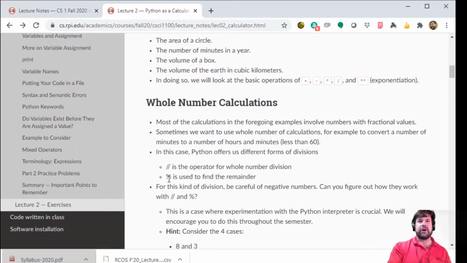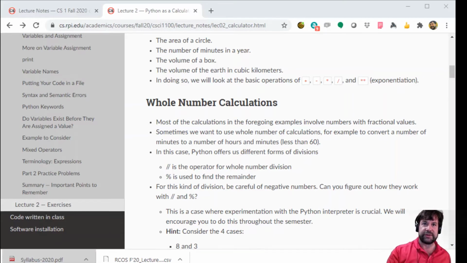So when you're talking particularly about integers, right? Let's say you want to find the number of minutes in 3,750 seconds. Well, if you divide by 60, right? 60 seconds in a minute, you get 62.5. That's not really what you want. You want the whole number of minutes. That would be 3,750 integer divided by 60, right?